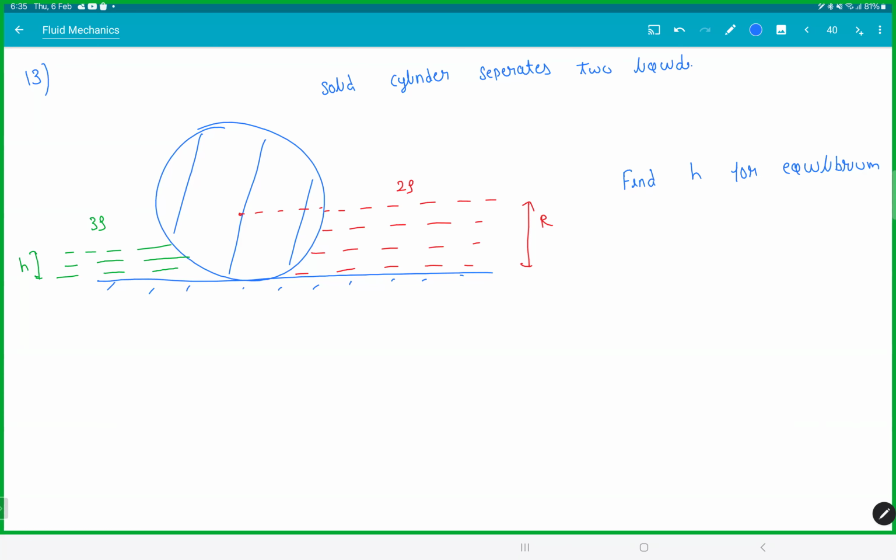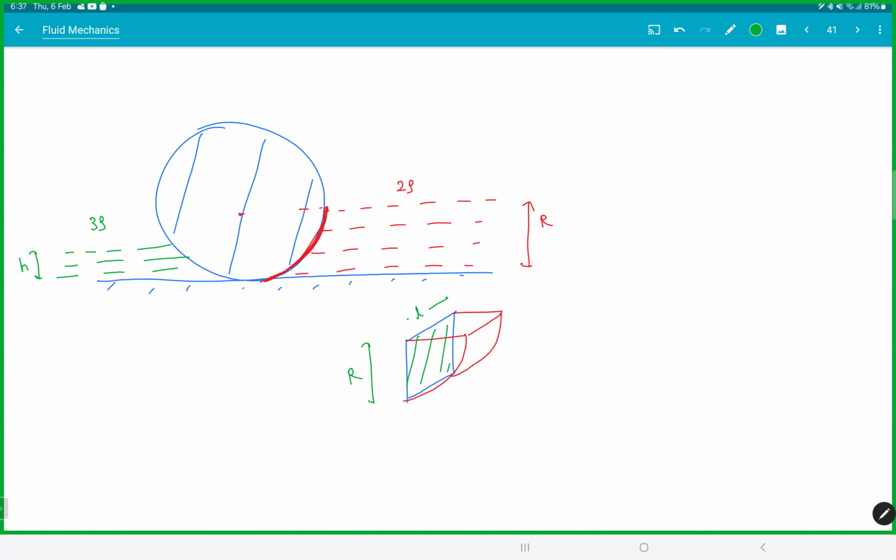What is the projection for this? The projection is this rectangle, no? Height of the rectangle is R, length is L. The center of mass will be in the middle, which is R by 2.